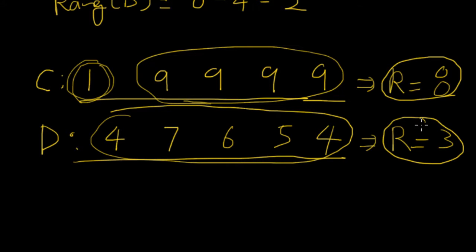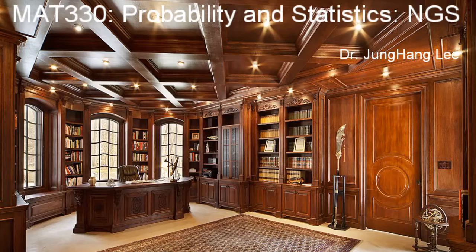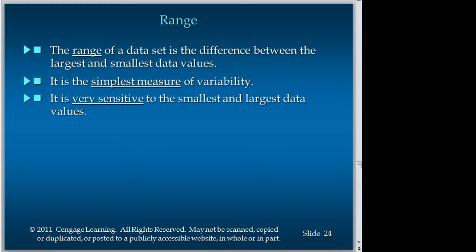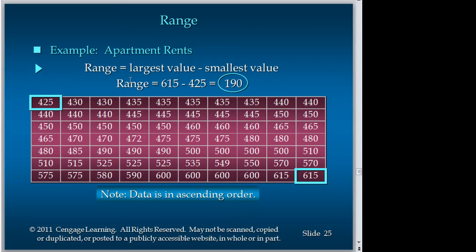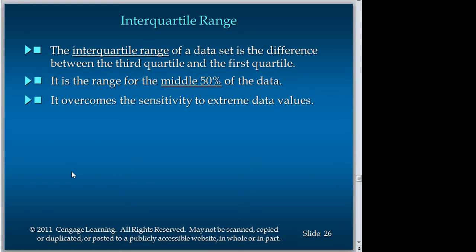So if you just simply use range, it may not capture this type of situation, saying, oh, because this is a small range, this is more concentrated data, which is not the case, right? So range, as you can see, has its own limit. In a case like this, the apartment rent range would be the biggest value minus the smallest value, 190, right?